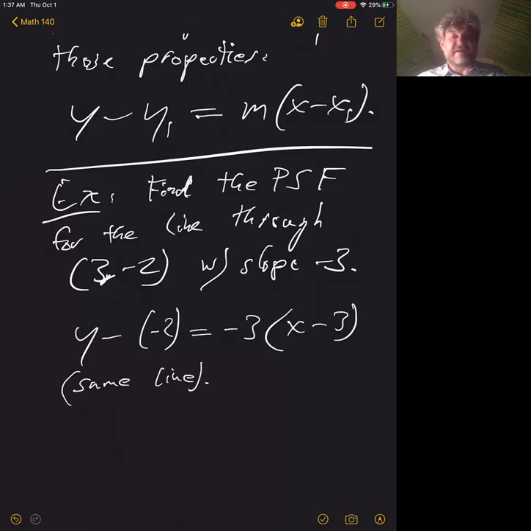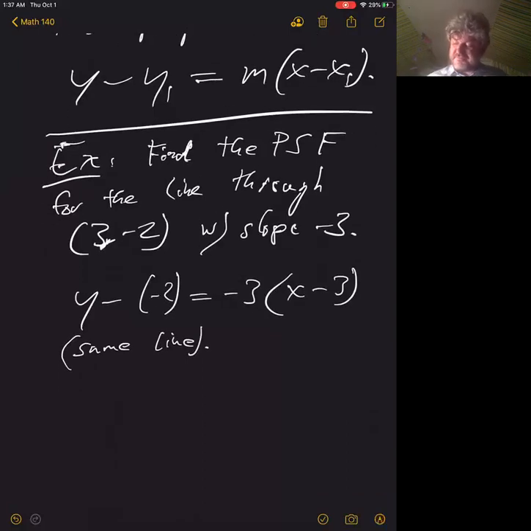And for some applications, it's actually better to leave it like this because you're maybe really interested in that point (3, -2) and what happens for x values close to the 3. And for those purposes, it really is better. So definitely my favorite form.